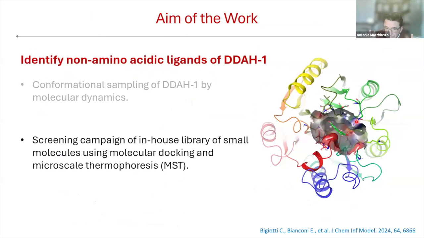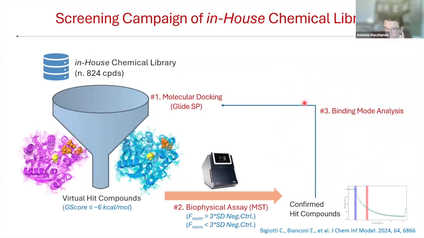Then, this pool of 10 conformations was used to run molecular docking of an in-house library of small molecules. In particular, the in-house chemical library comprised around 800 available compounds.